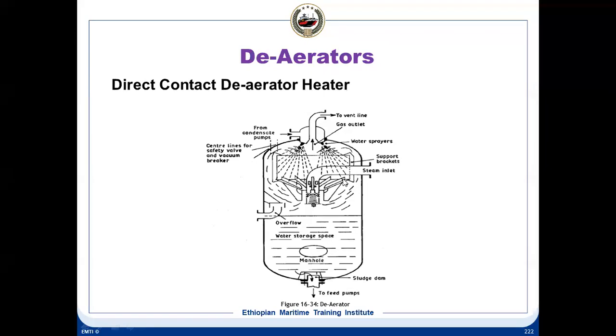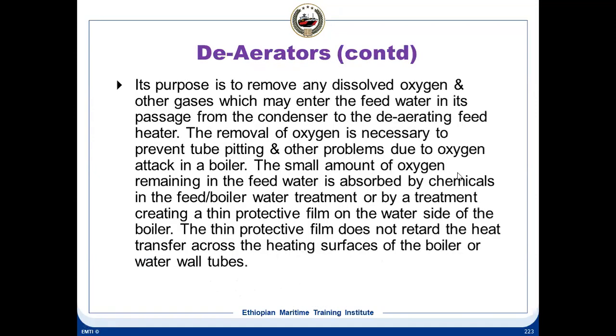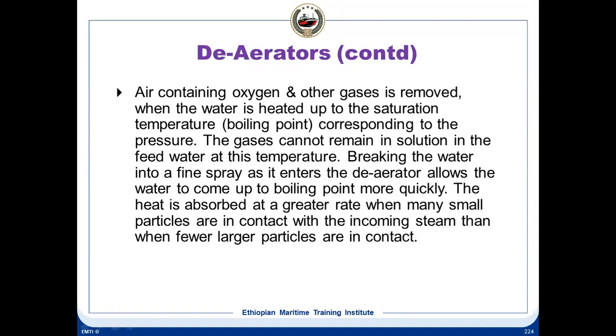Oxygen and other gases are removed when the water is heated up. Okay, let's go to the text. Air containing oxygen and other gases is removed when the water is heated up to the saturation temperature, the boiling point corresponding to the pressure. Gases cannot remain in solution in the feed water at this temperature. That's the whole idea.